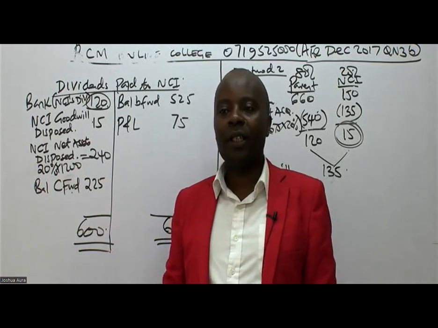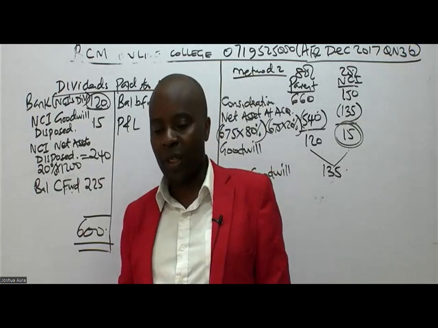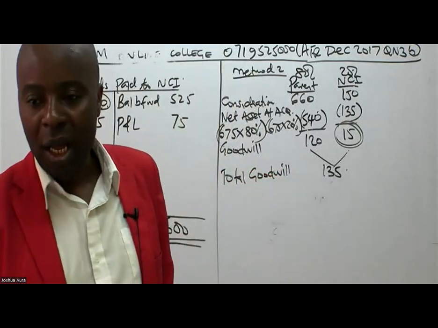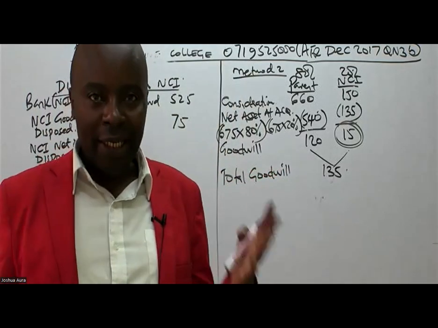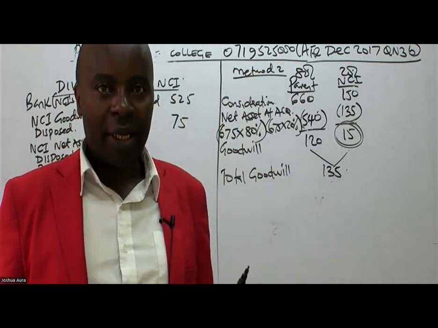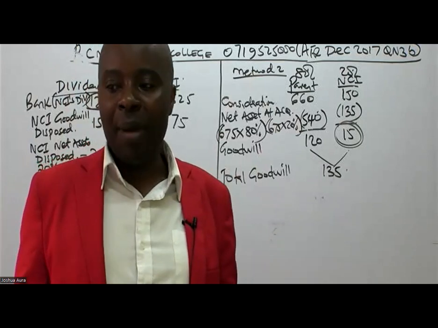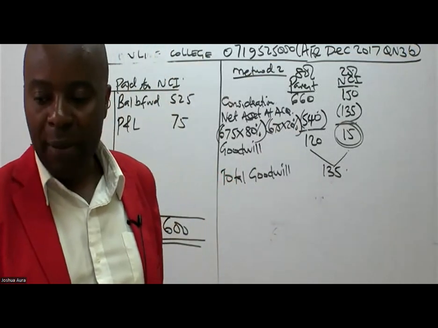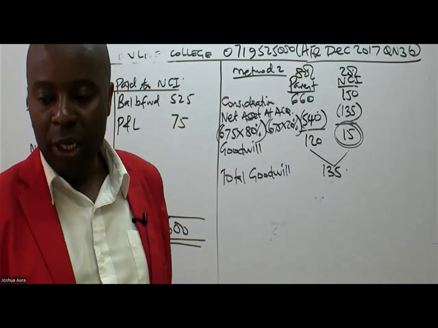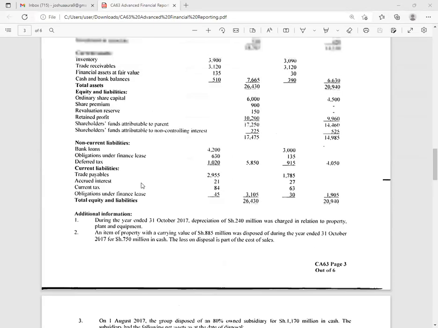Great. Now that you told me to start with these workings, ladies and gentlemen, I need this somewhere in my cash flow, so I would want to know the goodwill for the whole company that was impaired. Goodwill impaired.